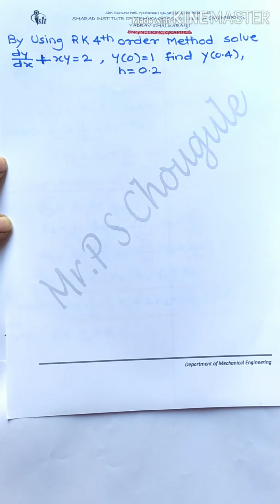By using the Runge-Kutta fourth order method, solve dy by dx plus xy is equal to 2, at initial condition y at 0 is equal to 1. Find the value at x is equal to 0.4, where the step size, that is h, is equal to 0.2.